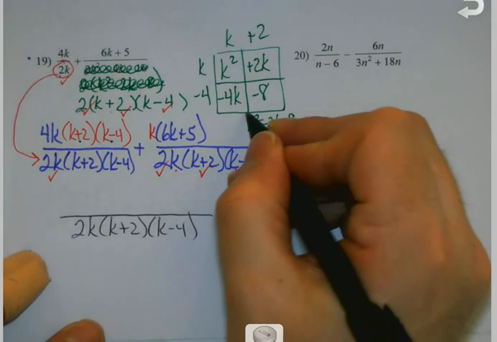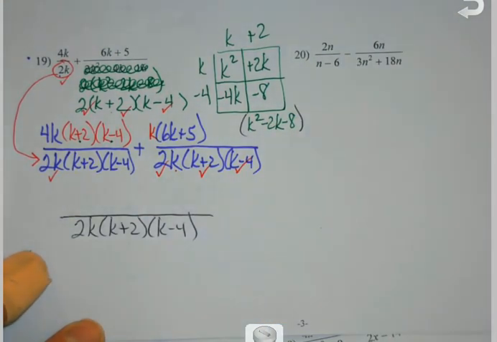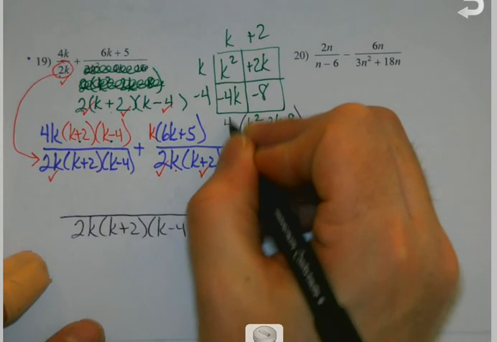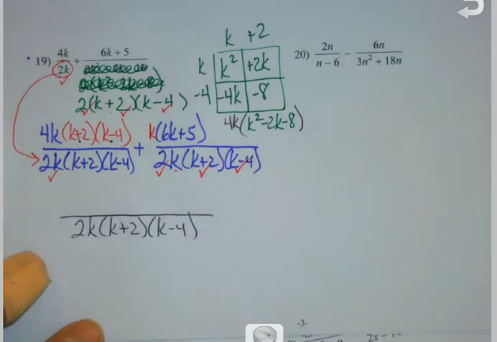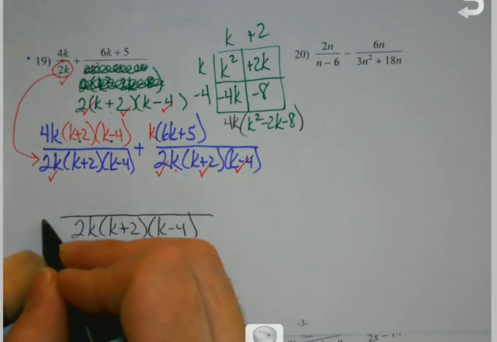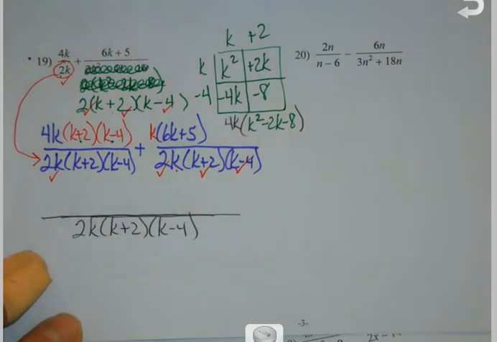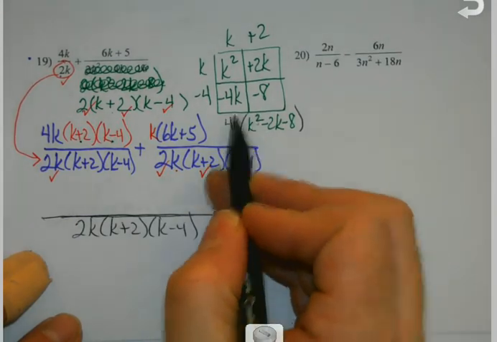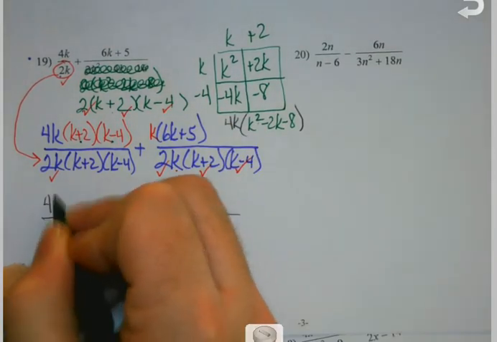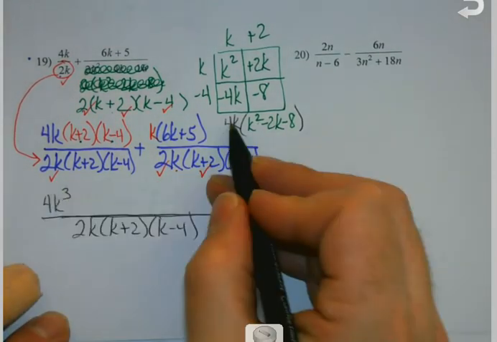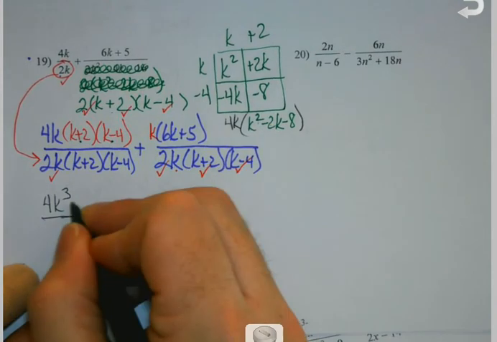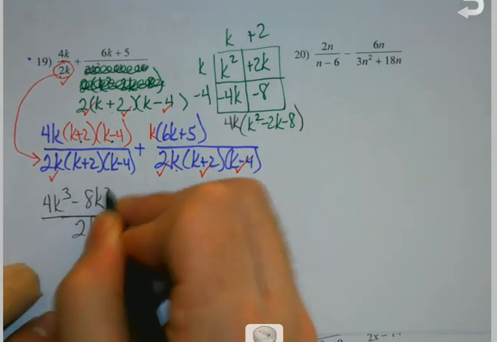I've got this that I just took care of all that stuff in red, but I still got to distribute that 4k through there. Okay, so that's what I'm going to start doing in this big old fraction that I'm going to have down here. So as we distribute that 4k through, I get 4k to the third. 4 times negative 2 would be negative 8k squared.